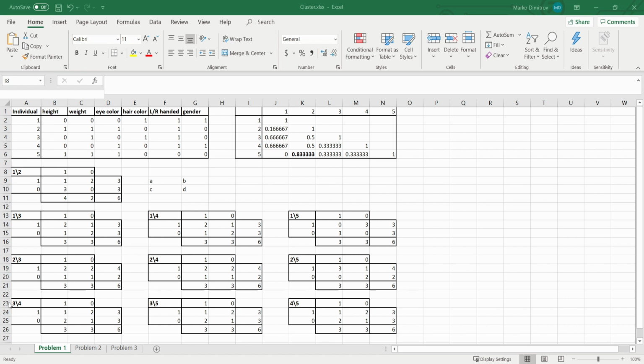If we have two individuals, one with green and one with blue eyes, they're not similar in this sense. Yet for blue and green we have a 0, 0 match, and we treat it the same as, for example, two people both having brown eyes. But if two people have brown eyes, they're more similar than two individuals where one has green and the other has blue eyes. So in that case, we might want to choose some other similarity coefficient.